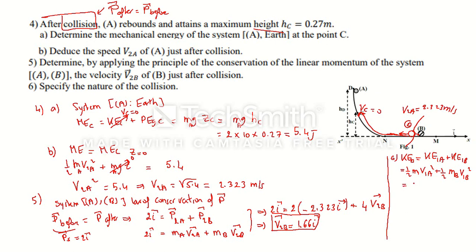And by putting the numbers, since we have all the numbers, we'll have 11 joules. And in the second one, KE after is equal to KE2A plus KE2B, which is also equal to half mA v2A squared, with v2A 2.32, plus half mB v2B squared, where v2B we found is equal to 1.66. So the answer here also will be approximately equal to 11 joules.